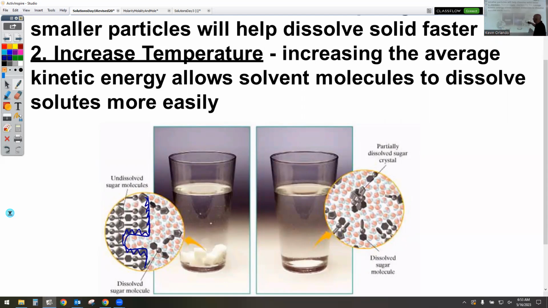However, if you look at putting a spoonful of sugar in, notice that the molecules of sugar here are much smaller, and the water molecules are able to surround them a lot more easily than they could in the giant crystal. So breaking something up, increasing its surface area, definitely going to help something dissolve faster, along with raising the temperature.